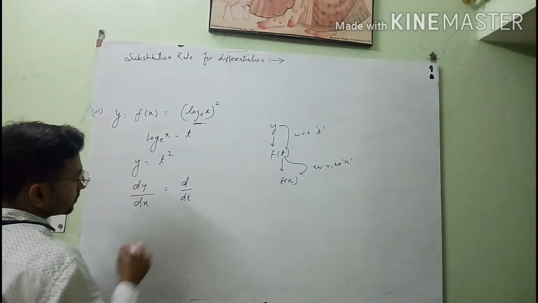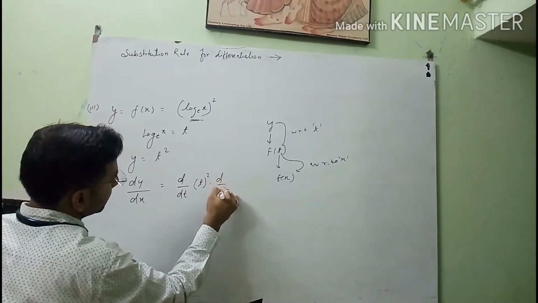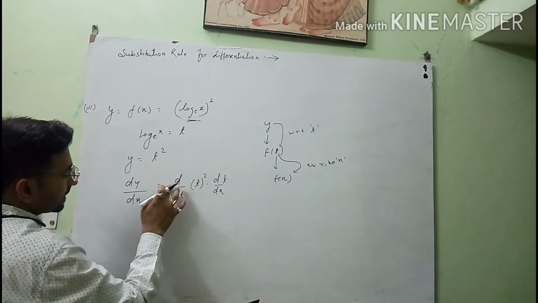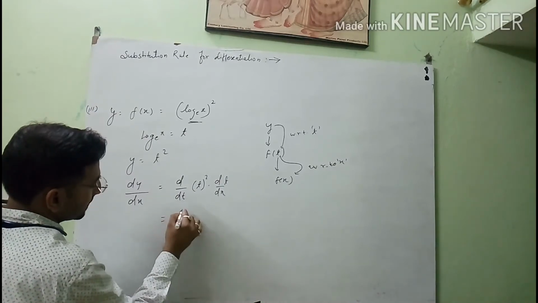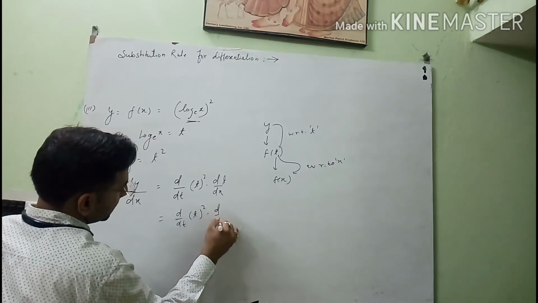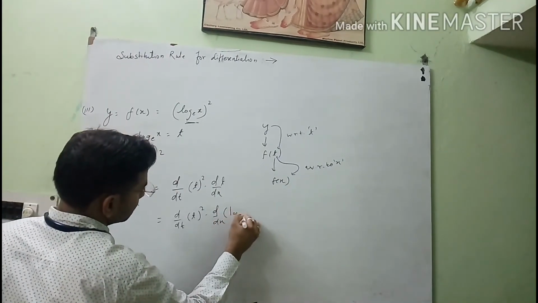So these are the terms to solve this question. So d upon dt of t square into dt upon dx. In the second line you can substitute the value of t here, t square d upon dx. You know that the value of t is log x.